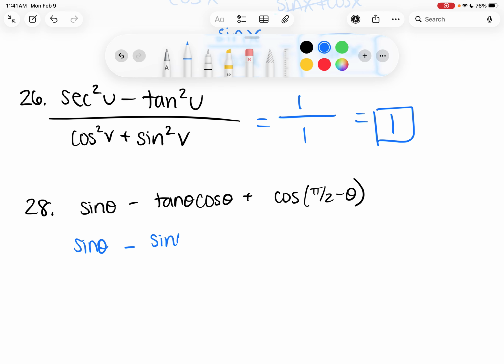So I have sine theta over cosine theta times cosine theta, and then plus cosine of pi over 2 minus theta is sine of theta. So the cosines in the middle cancel. I have sine of theta minus sine of theta plus sine of theta, which is equal to sine of theta.